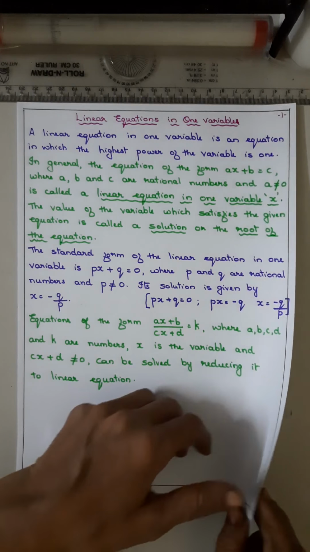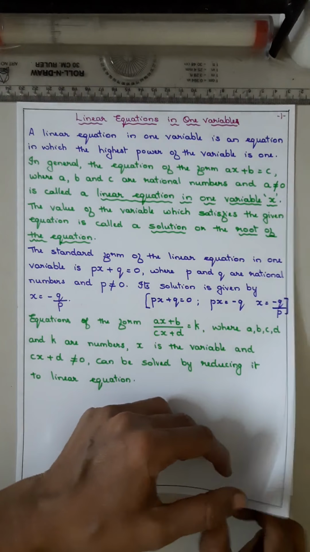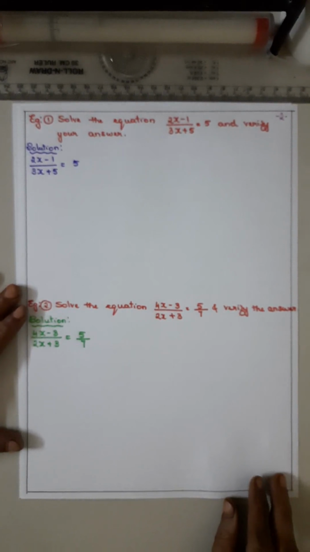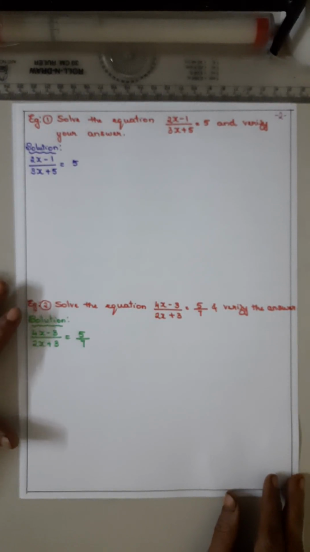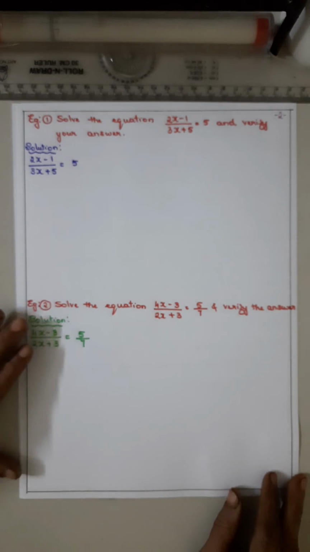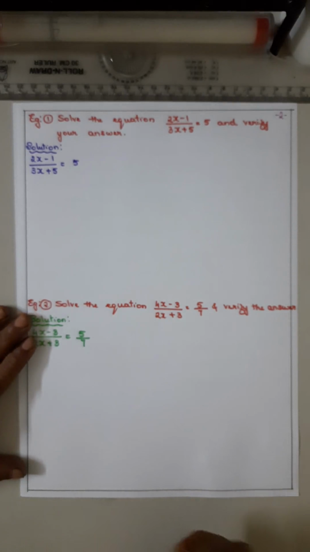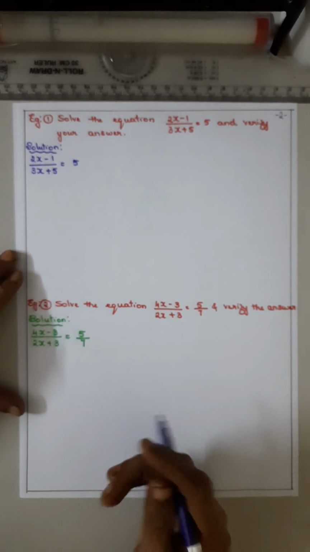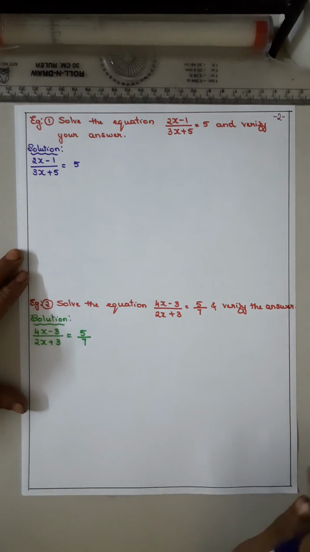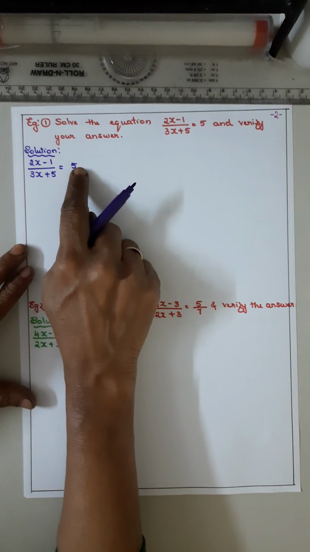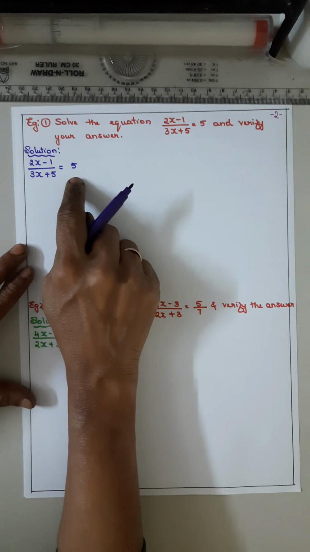Coming to example 1. Solve the equation 2x minus 1 upon 3x plus 5 is equal to 5 and verify the answer. So, convert it into an ordinary linear equation. How? See here, 5 means the denominator is 1.